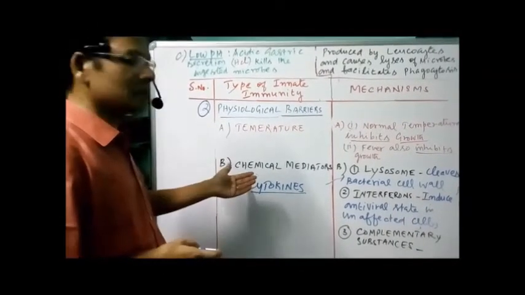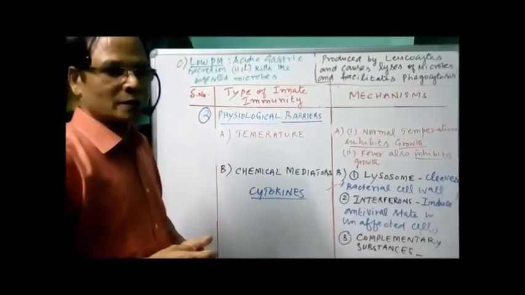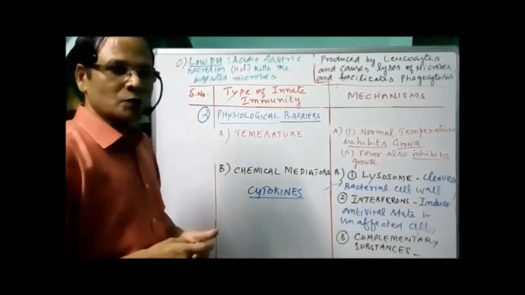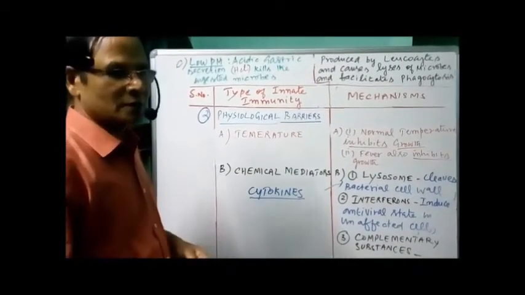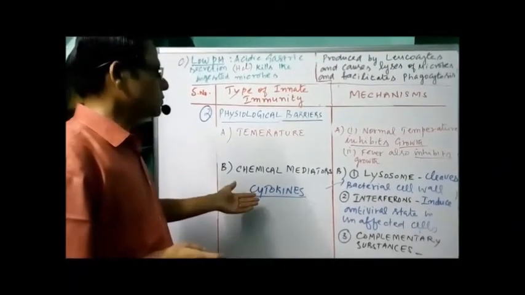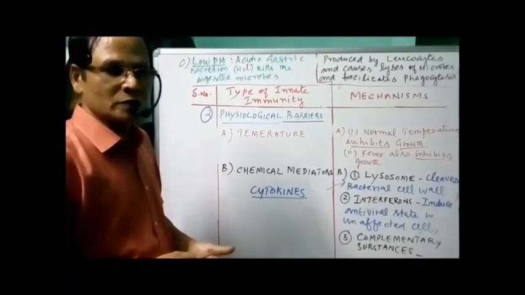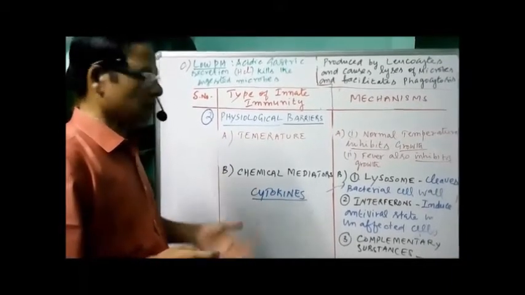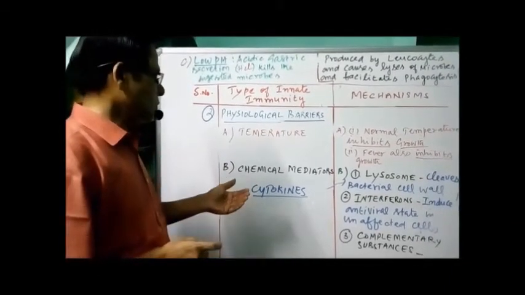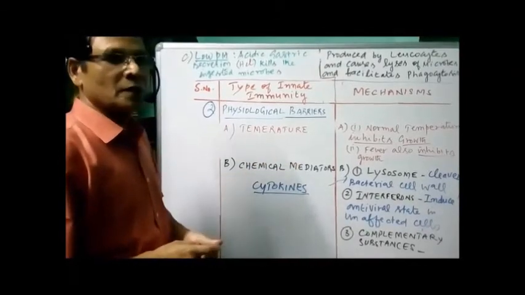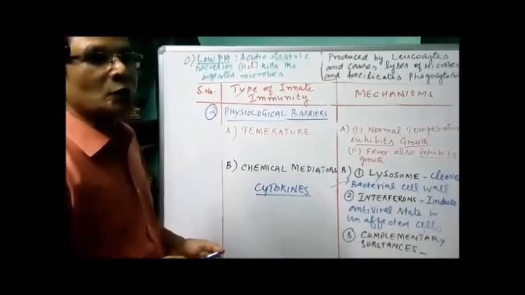Now they are acting as messenger molecules, we can say. So they are produced in response to stimulus between the cells, chemical messages. It includes a number of cytokines, for example, interleukins, what I told you in the last class, and also interferons. Now the interferons are glycoproteins.